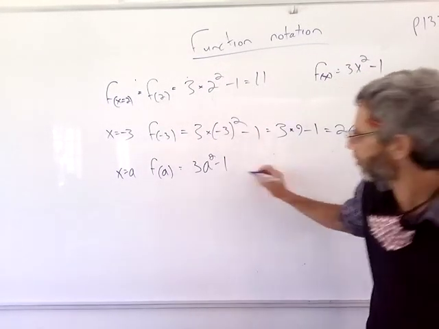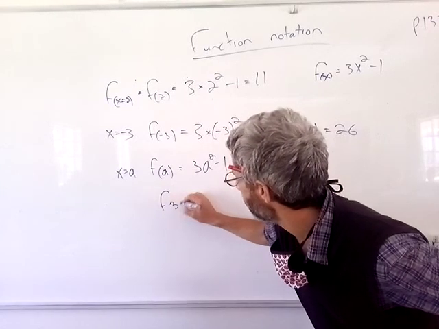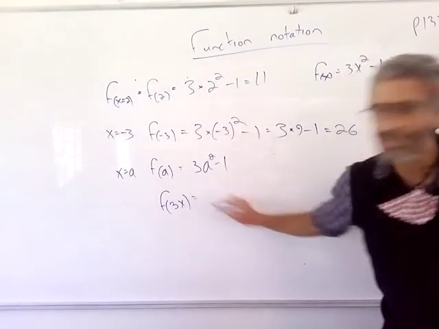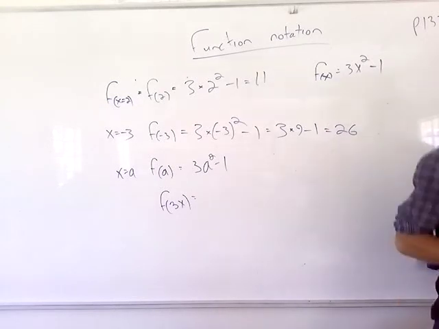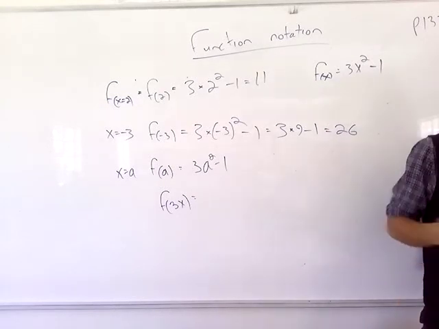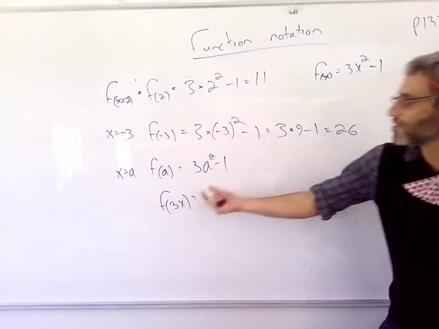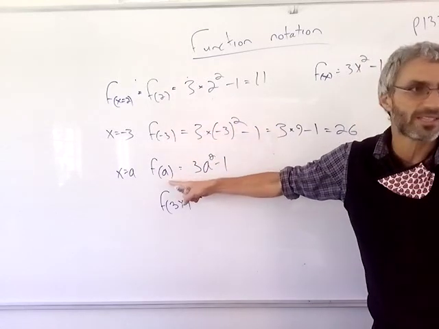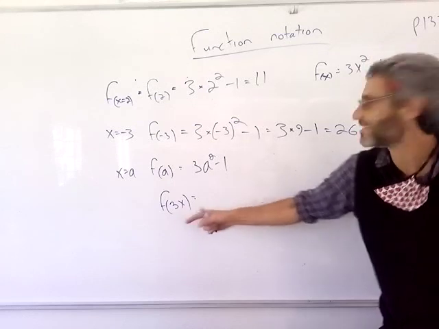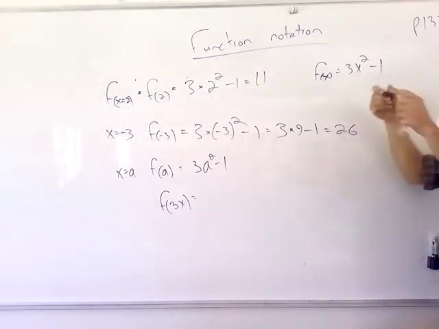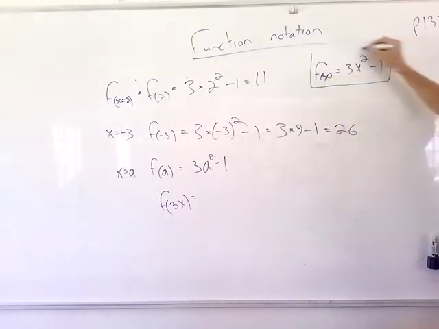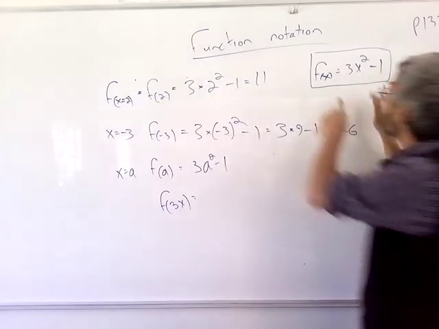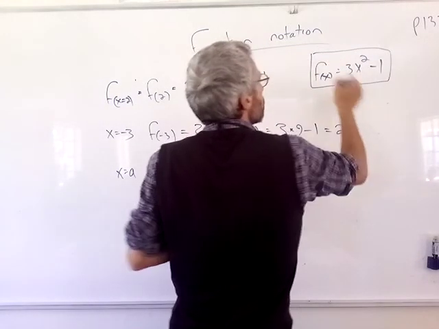Let's carry on with something even trickier, but not difficult. What is f of 3x? Substitute it. You see what we're doing? Every time, we're just taking that number or letter, or in this case, a number and a letter, and substituting it in the rule. This is our rule. This is our machine.